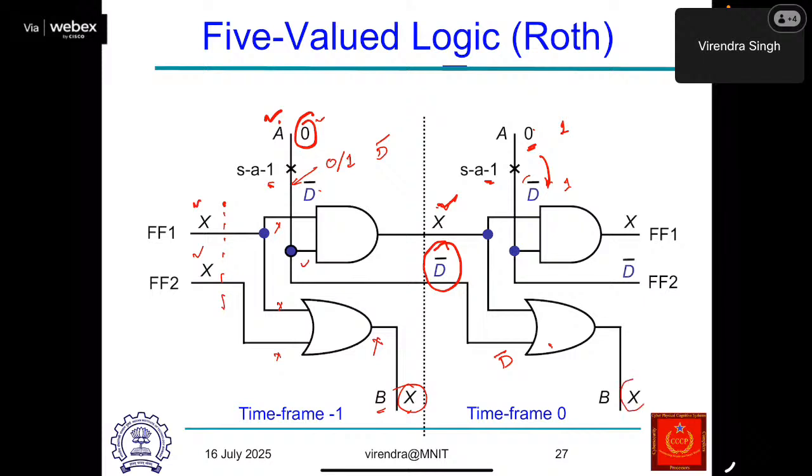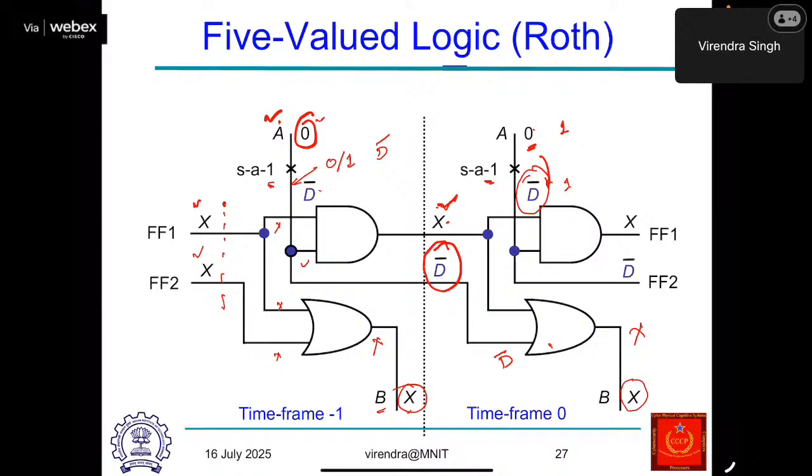This output of the next time frame is also determined by the current time frame outputs, because one of the outputs of this AND gate is X, and this X is ORed with this D bar, and then the output would be again X. So here it is not getting propagated. Now the only hope is that I excite the fault again in this time frame or in this copy of the circuit, and check whether I can propagate this to the primary output or at least the pseudo primary output.